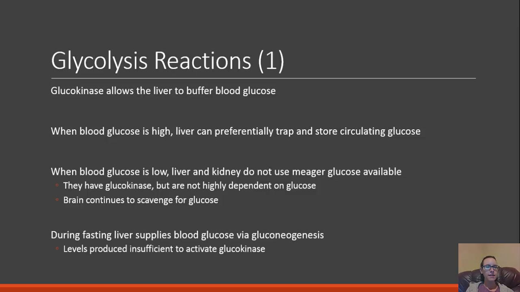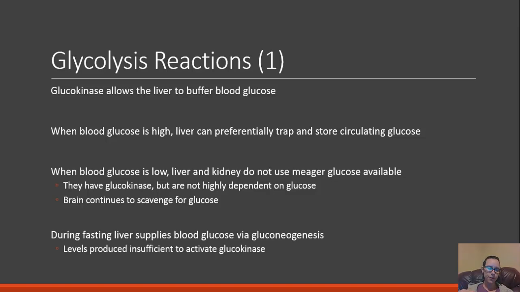Glucokinase allows the liver to buffer blood glucose. When blood glucose is high, the liver can preferentially trap and store circulating glucose. Think of when we've just consumed a meal and our postprandial glucose is high, then glucokinase is significantly active.